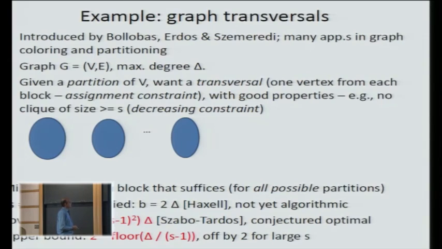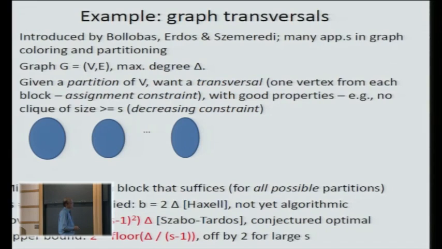His or her main constraint is that they cannot make any block too small. They have to make each block at least somewhat large, but otherwise they can do it arbitrarily. And so an adversary partitions the vertices into blocks, each of size, let's say, exactly b.